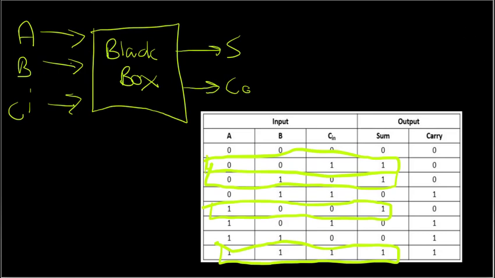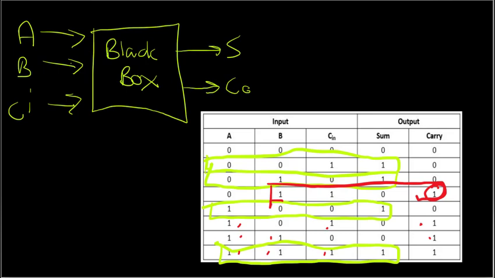There's another pattern. Carry is 1 if we have 2 or more inputs being 1. So we can count 1, 2 inputs here being 1, so therefore carry is 1. We have here 1, 2, which means that carry is going to be 1. 1, 2, carry is going to be 1. 1, 2, 3, which is higher than 2, obviously.